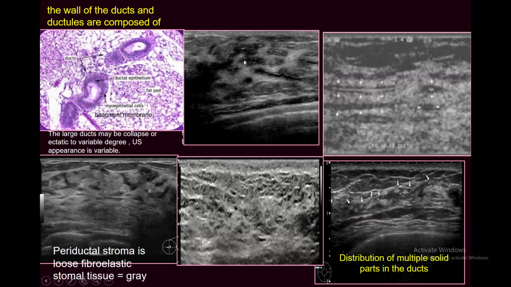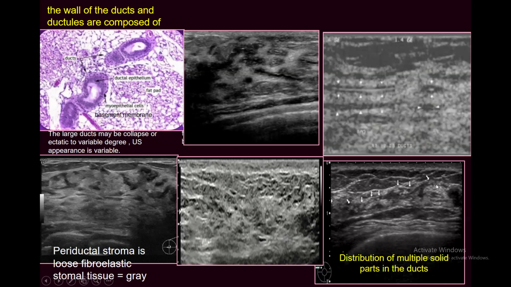You can see it here, and the anechoic area in between is thin fluid; this is non-dilated ducts. And again here, the same within the parenchyma. This line represents the opposed walls of the ducts. And these small anechoic areas represent ducts.